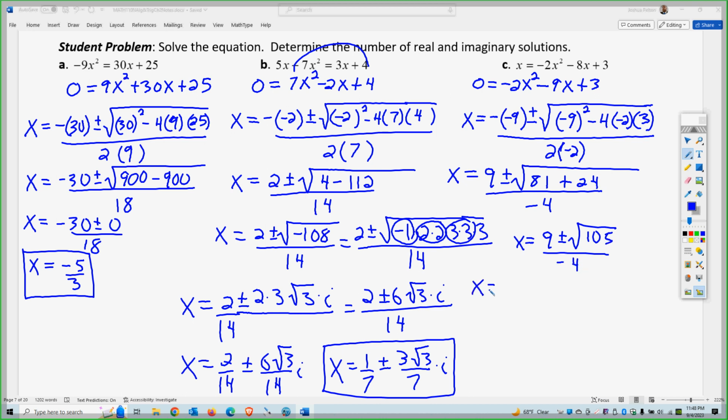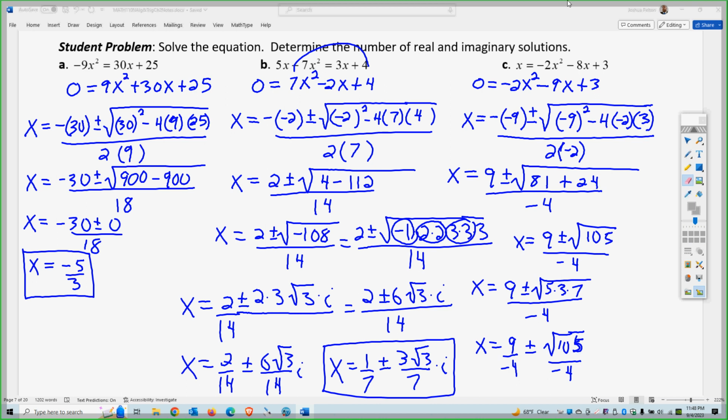So x is equal to 9 plus or minus. So 105 breaks into 5, 3, and 7, which means nothing comes out. It just stays the way it is. So you get x is equal to 9 over -4 plus or minus the square root of 105 over -4.